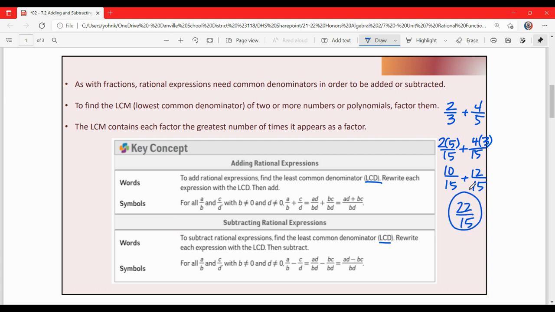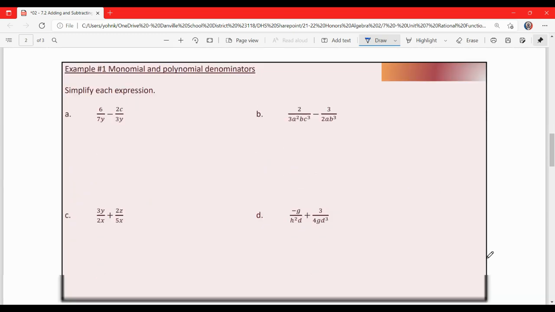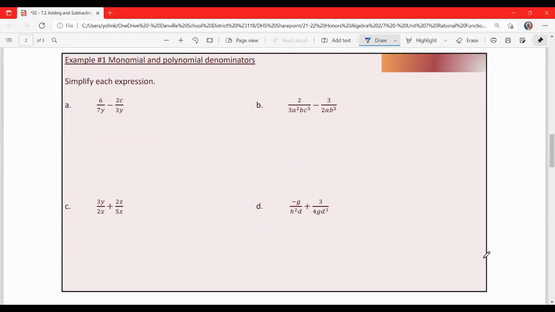So we're going to do the same thing, but with letters in addition to the numbers. So common denominators. In letter A, 6 over 7y minus 2c over 3y. I want to find a common denominator. So I got to think of what is a common denominator between 7y and 3y. Well, I have to have a y, so that's part of it. And then what's a number that 7 and 3 can go into evenly?